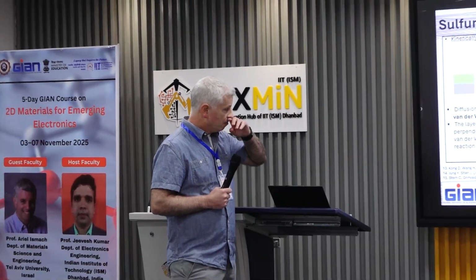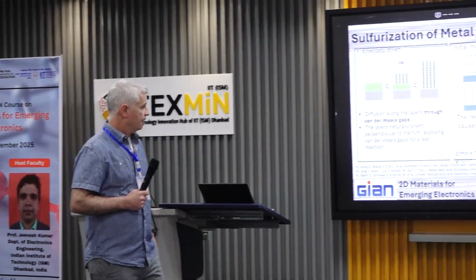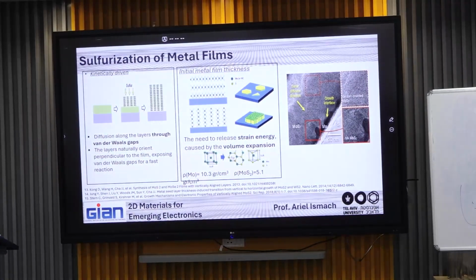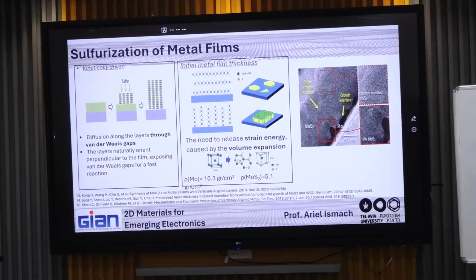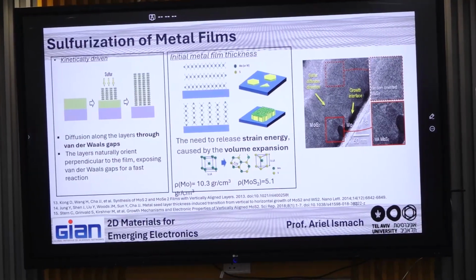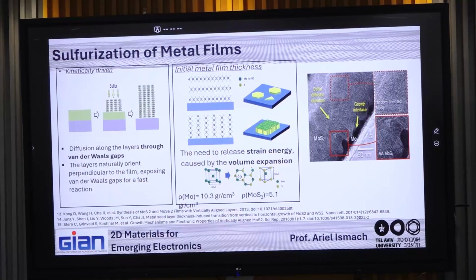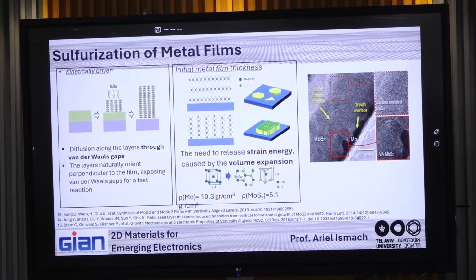So what happens here is that we are taking a metal and converting it into a completely different phase by reaction. In this case, a phase with a larger volume, so we have a volume expansion.